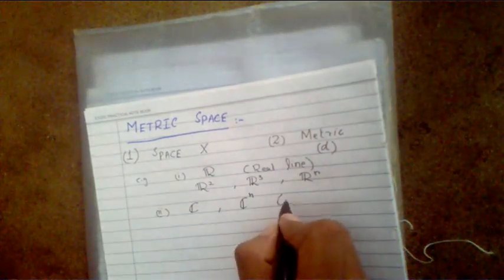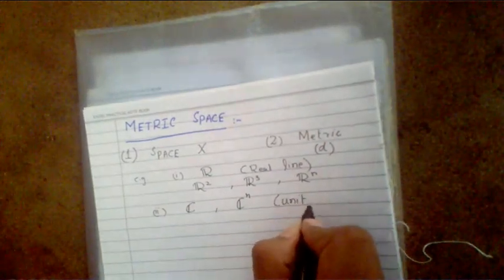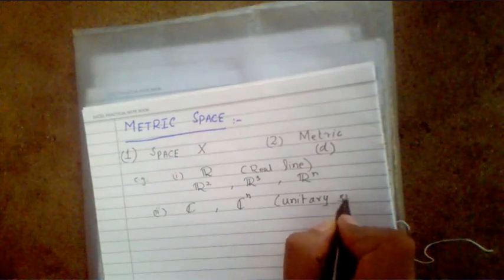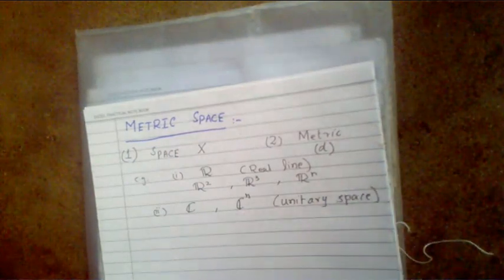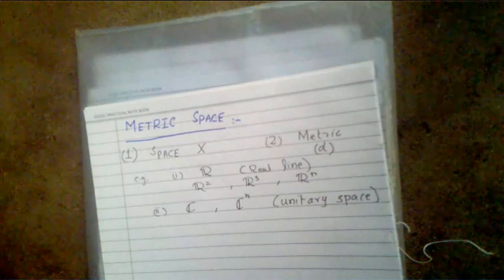This is also called unitary space, which is an n-dimensional complex space.